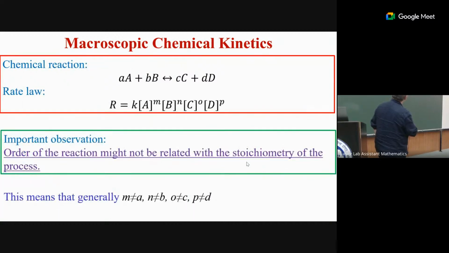And it is interesting, so generally speaking, these exponents here are not the same as the corresponding stoichiometric coefficients. Yeah, there are situations when they are the same. But what is important to all discussions is that when they're not the same, this is a sign of a more complex reaction.